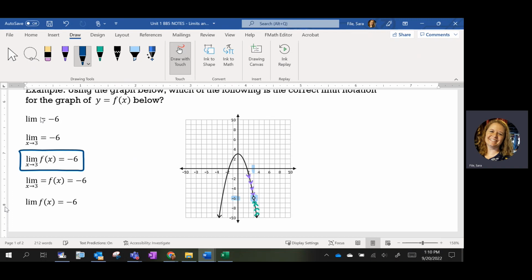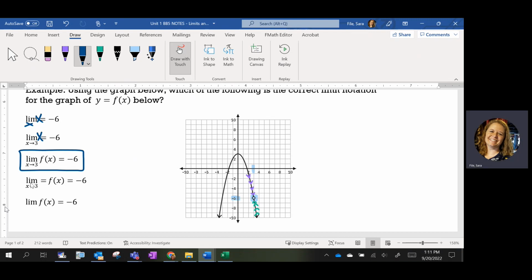These top two don't even tell us that we're finding the limit of f of x. They don't have what we're finding the limit of. And the first one doesn't even have what x is supposed to be approaching. Where on the graph are we supposed to be looking? So that's missing a couple of things. This one's got that x is approaching 3, but it doesn't have the f of x.